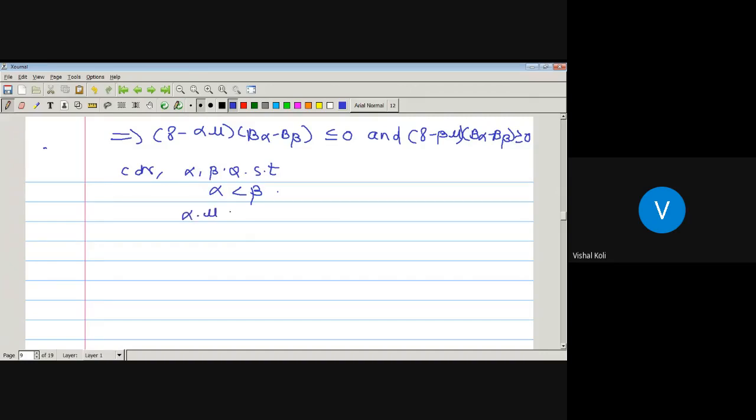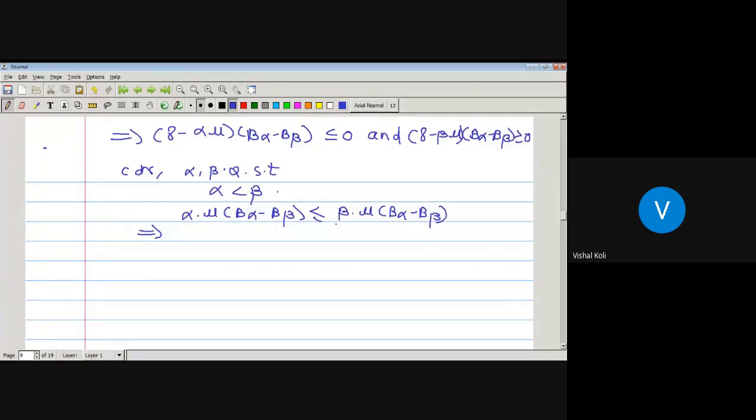Then alpha times mu of B alpha minus B beta must be less than or equal to beta times mu of B alpha minus B beta. Now if we take the minus sign on both sides, then the inequality reverses, which implies minus alpha times mu of B alpha minus B beta is greater than or equal to minus beta times mu of B alpha minus B beta.